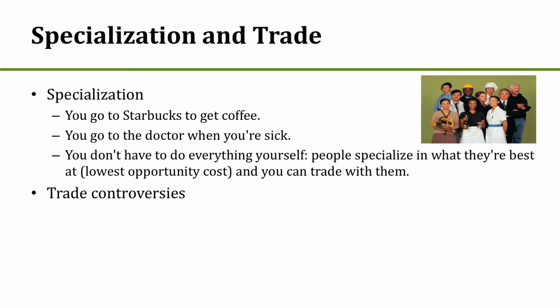So with specialization, people choose to produce something in which they have the lowest opportunity cost, so they have the comparative advantage. They specialize in it, and then with trade you don't need to do everything by yourself. You just specialize in whatever you are good at and then you trade.